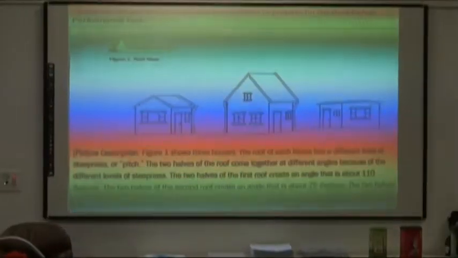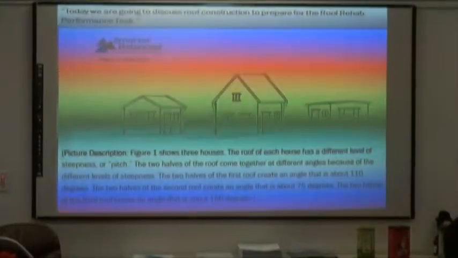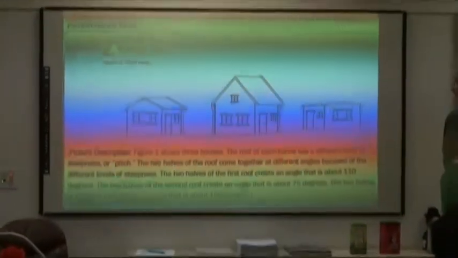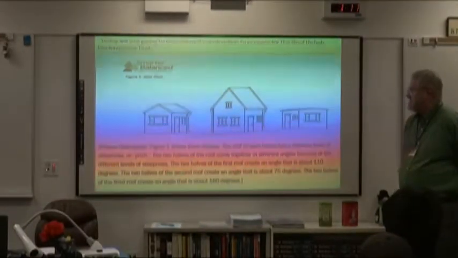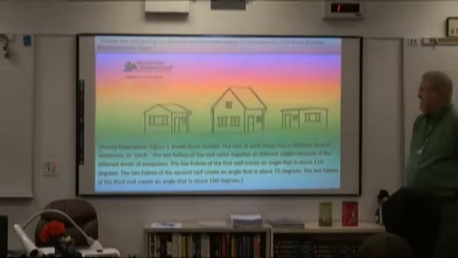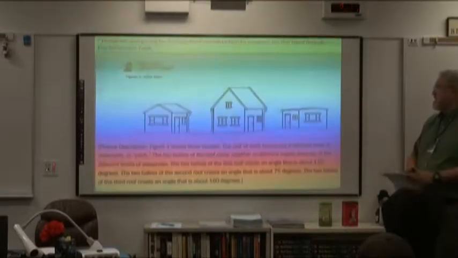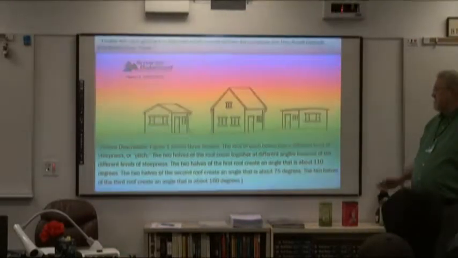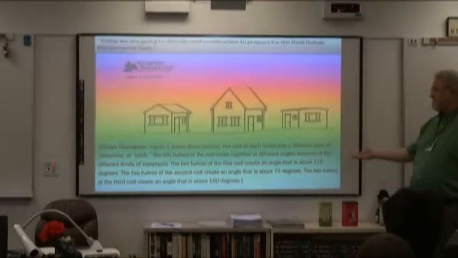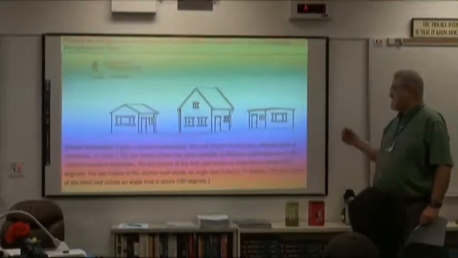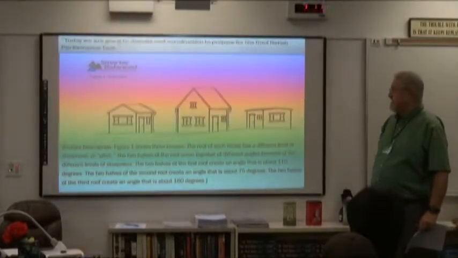Today we're going to discuss roof construction so we can prepare for the performance task on your test. Here's a picture description. There are 3 houses. The roof of each house has a different level of steepness or pitch. The 2 halves of the roofs come together at different angles. The 2 halves of the first roof create an angle of about 110 degrees.